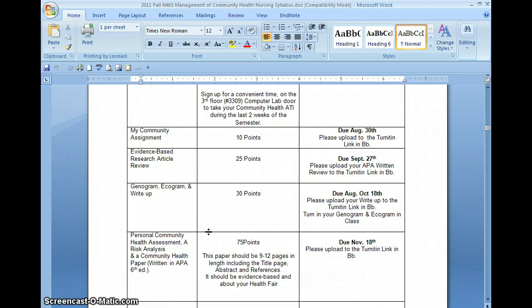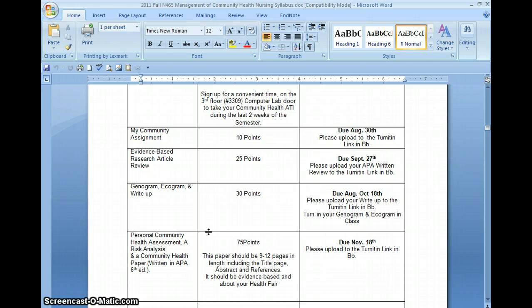The next thing they'll be doing is a personal community assessment about themselves and risk analysis, and then they'll be writing a community health paper and developing a plan of how they can improve their own health risk.